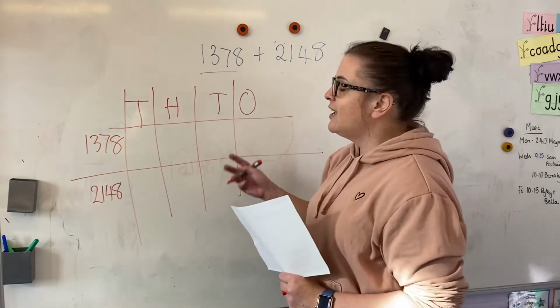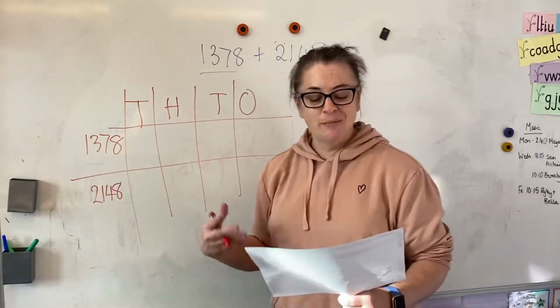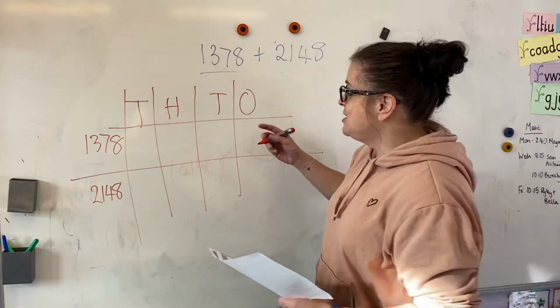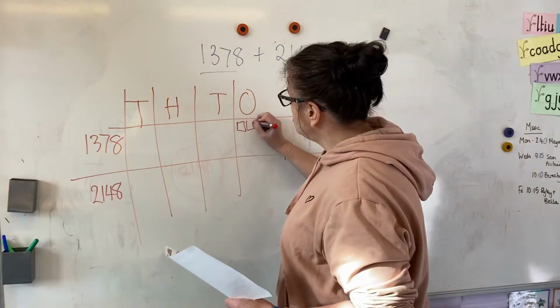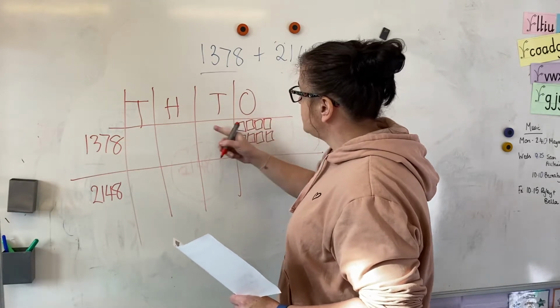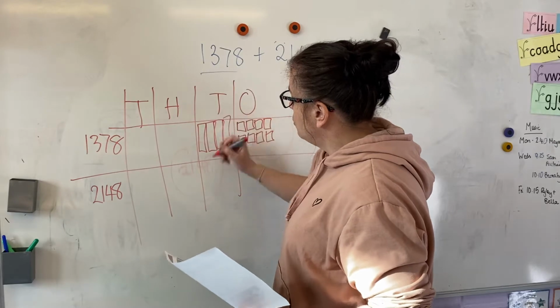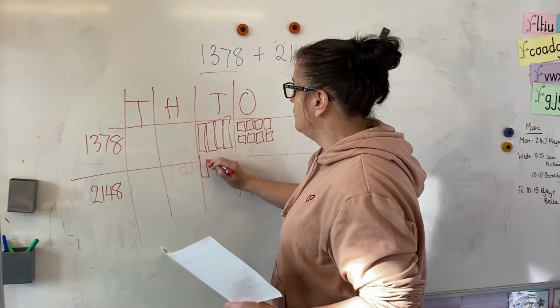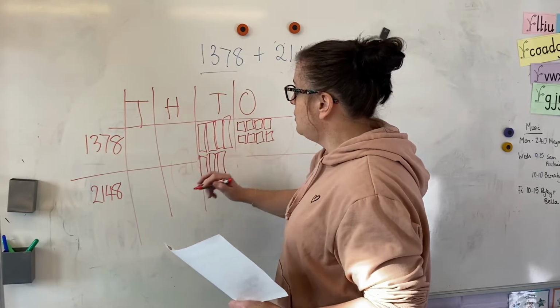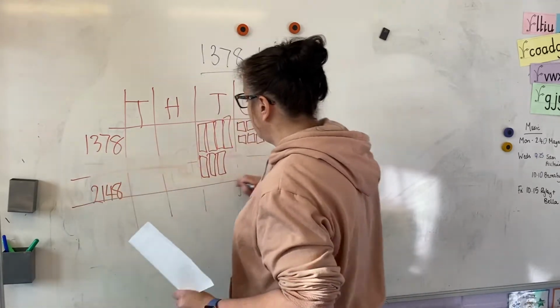So what have we got? Again, it goes back to, and I know I keep saying it, those 10 ones make 1 10, okay? So I've got 8 ones. 1, 2, 3, 4, 5, 6, 7, 8. How many 10s? 7. 1, 2, 3, 4, oh dear, 5, 6, 7. If that happens, just get them to draw another line down here, look.